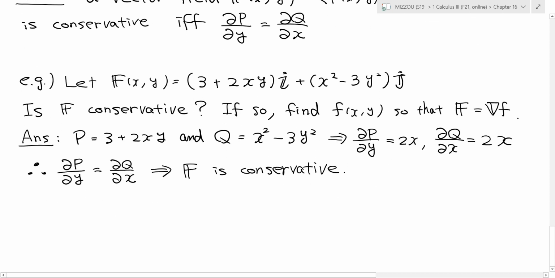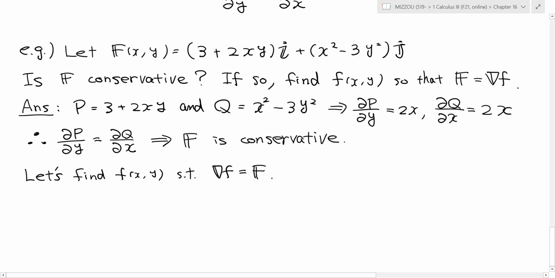Right. So is F conservative? The answer is yes. Now, if so, let's find little f, namely, so to speak, the antiderivative of big F. So let's find little f of x such that the gradient is F. Well, the gradient of f is what?